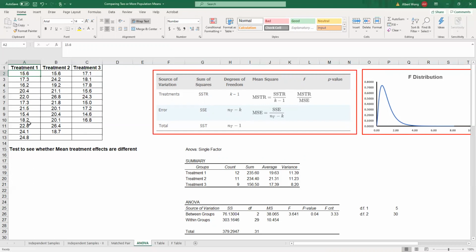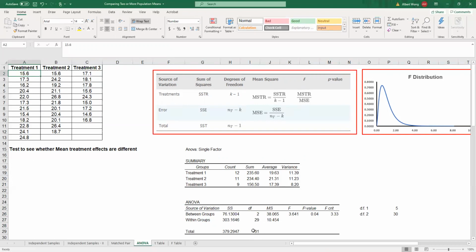So 12 plus 11 plus 9 is 32. So the total sample size is 32, and 32 minus 3 is 29.